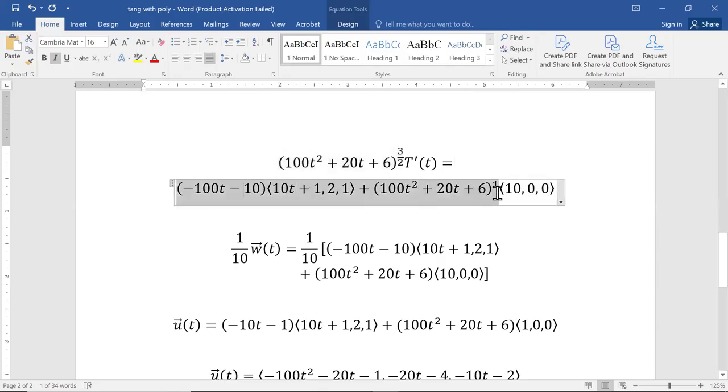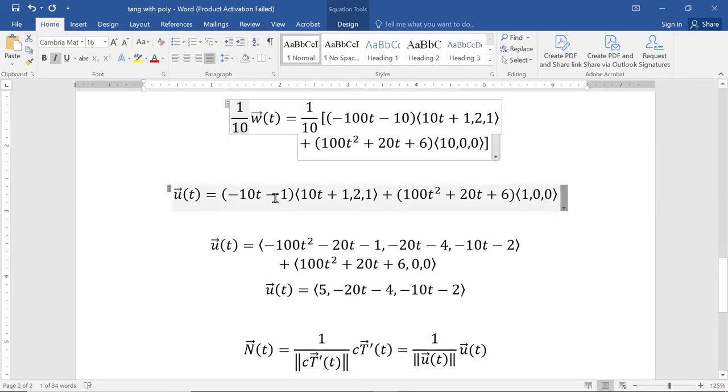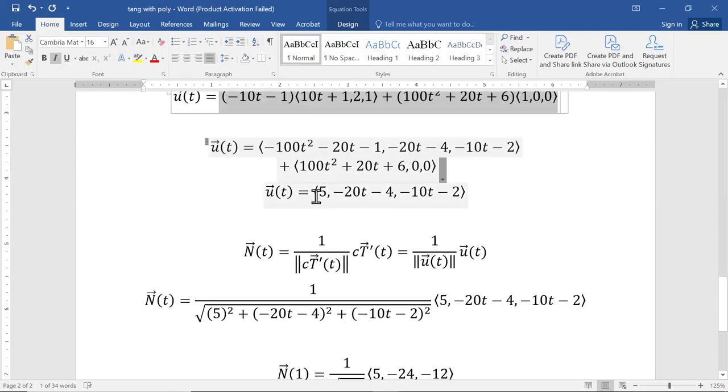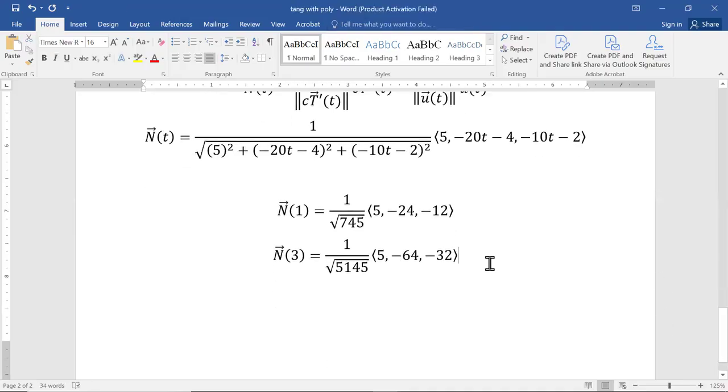That simplifies things. Multiply maybe by a 1/10. That might simplify things even more. And then we get a vector in the direction of the derivative of our tangent. And I can find the unit normal vector using that vector. Again, a lot of work here in this example.